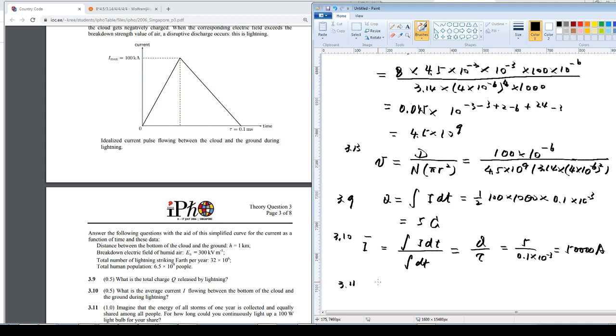So the total energy will be N lightning multiplied by the energy stored in each lightning.